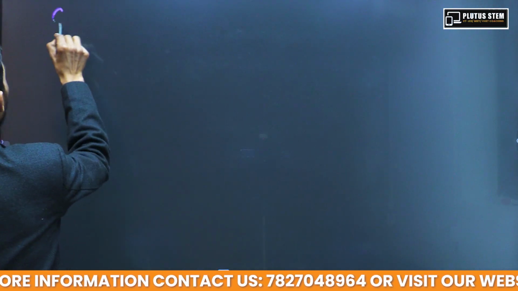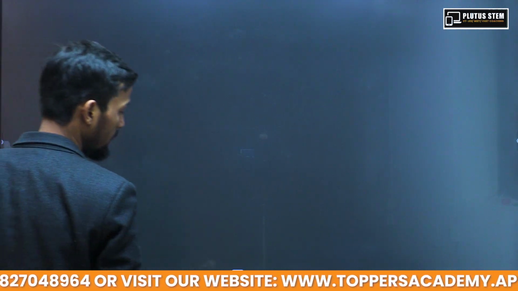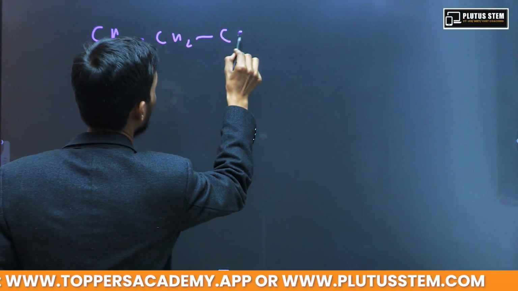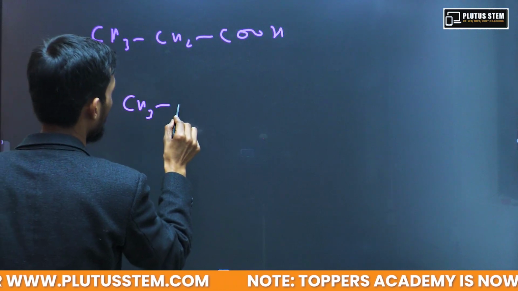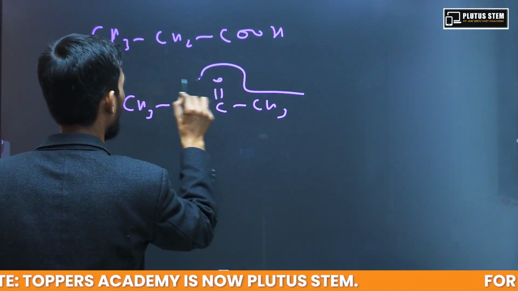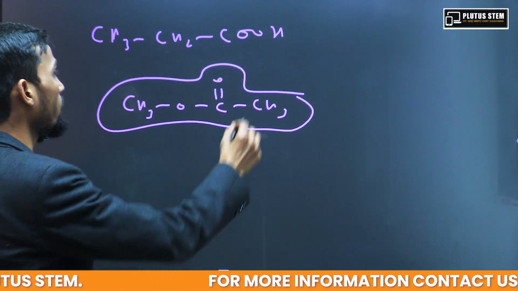Regarding isomers of carboxylic acid, I will show you one example: CH3CH2COOH, or CH3O, C double bond O, CH3. Methyl ethanoate and propanoic acid.